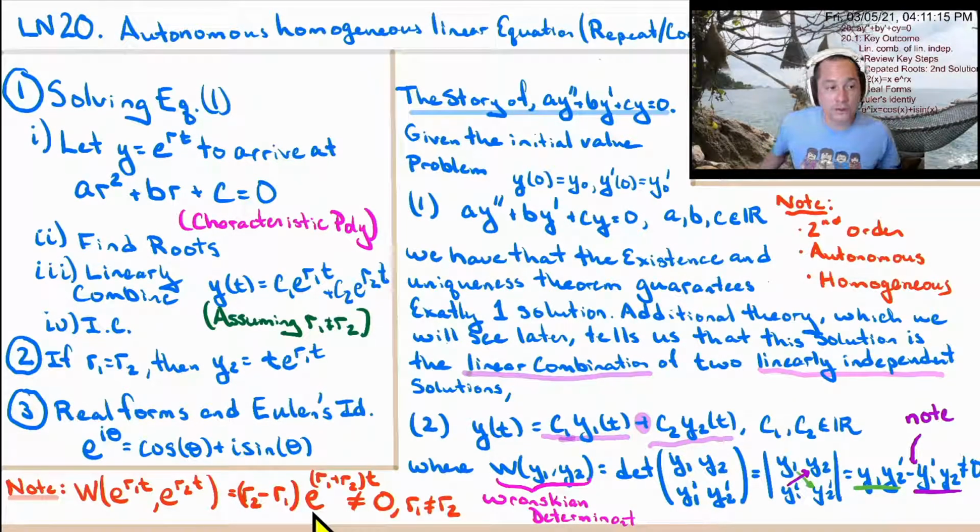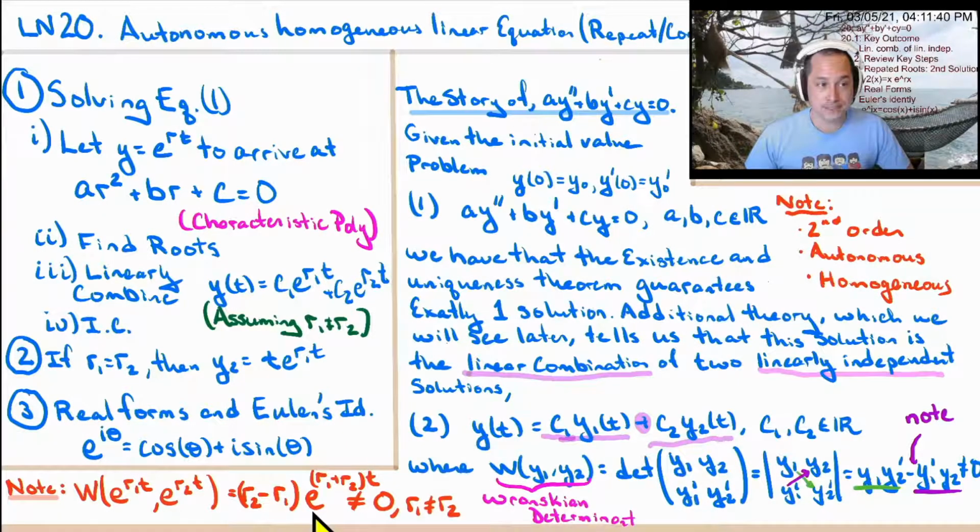You should run through that calculation and make sure that you can get to the same spot. But here is the key consequence. If you have two exponential functions and their exponents are different numbers, then those functions are linearly independent.